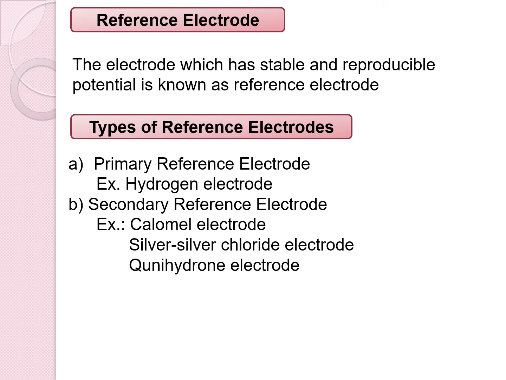Means what we can say is that the potential of a secondary reference electrode is obtained from the connection with the primary reference electrode, and that is why they are known as secondary reference electrodes. Now let us see the calomel electrode in detail.